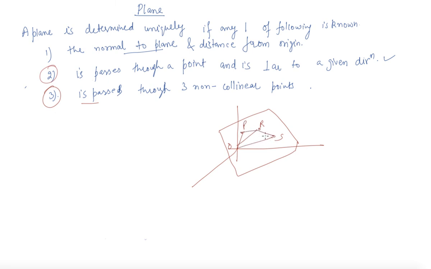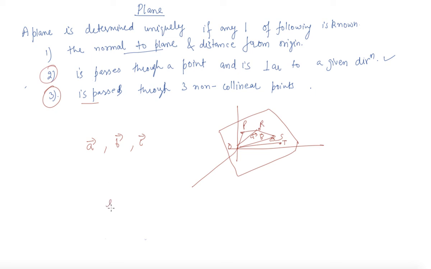Okay. So let us say these 3 points are non-collinear points with position vectors A vector, B vector and C vector. This is another point T. So this is A vector, B vector and C vector.